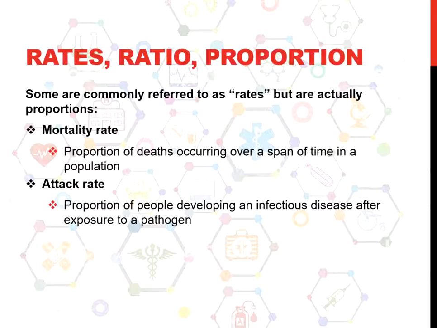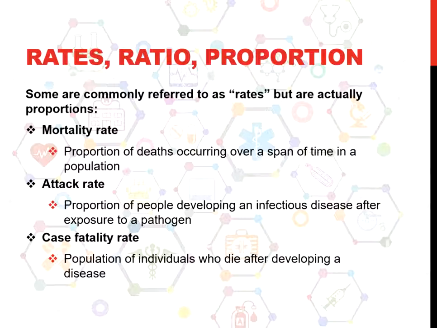Attack rate, proportion of people developing an infectious disease after exposure to a pathogen. Case fatality rate, so this is the population of individuals who die after developing a disease. So itong mga to is a proportion talaga, hindi sila actually considered as rate, though may rate sila sa pangalan.